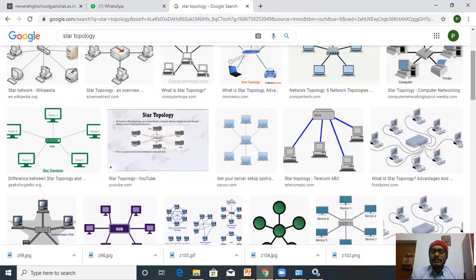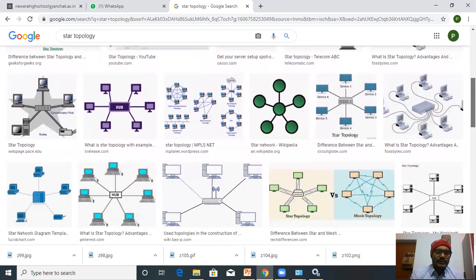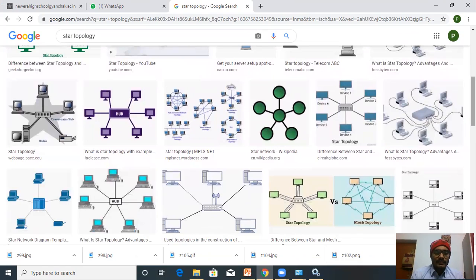All the client computers are attached in a star topology in the online examination center, and there is also a server which controls all the computers.